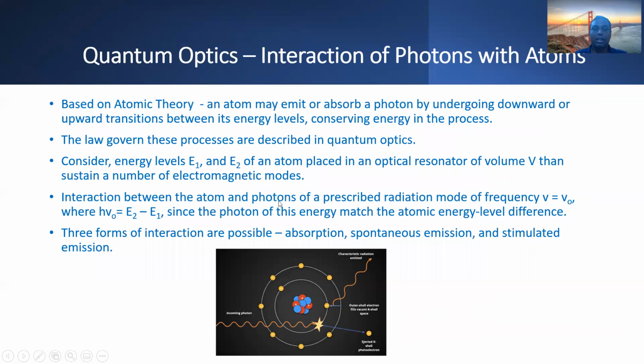Consider the interaction between the atom and a photon of a prescribed radiation mode of frequency v equals v naught, where h v naught equals energy level 2 minus energy level 1, since the photon of this energy matches the atomic energy level difference. Three forms of interaction are possible: absorption, spontaneous emission, and stimulated emission.